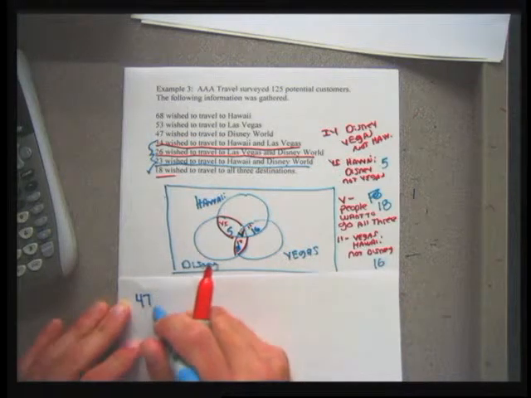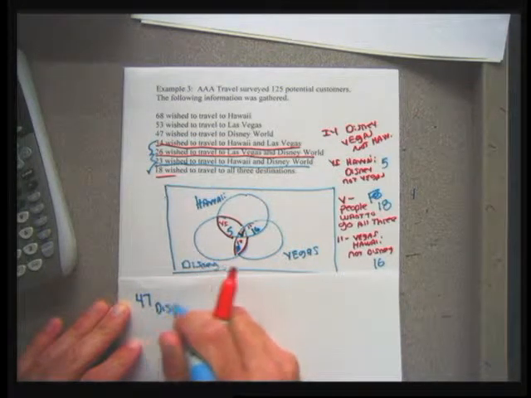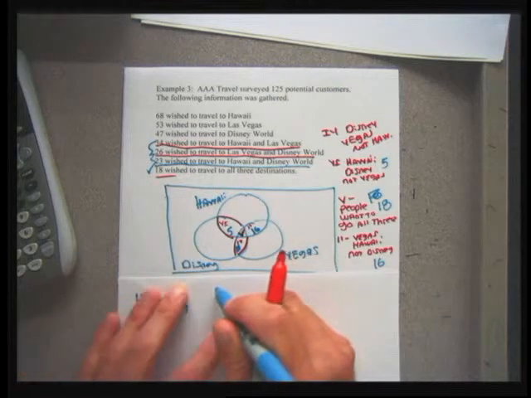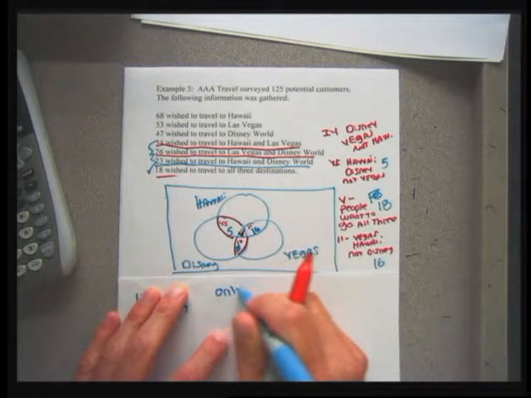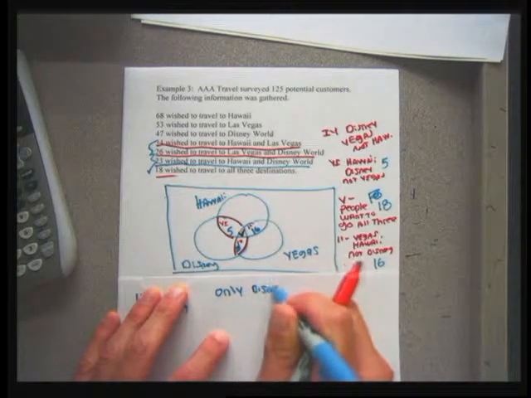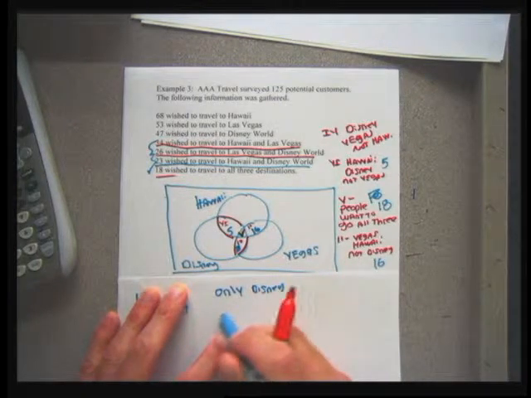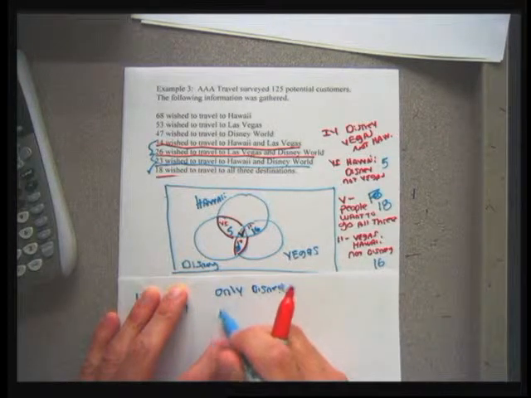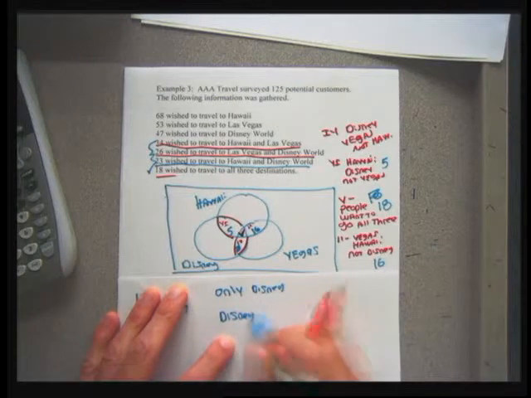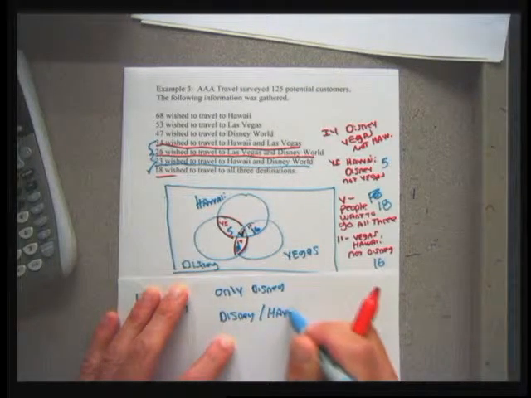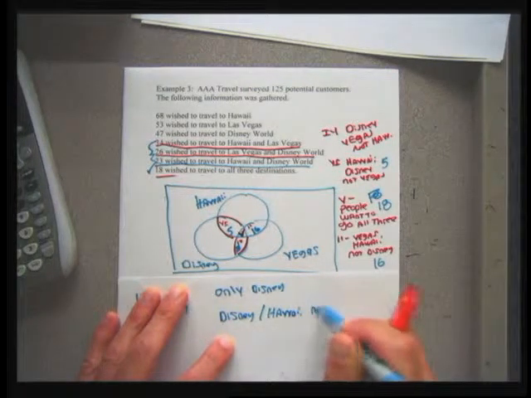So the 47 that want to go to Disney gets broken up into people that only want to go to Disney. And it gets broken up into people that want to go to Disney, Hawaii, but not Vegas.